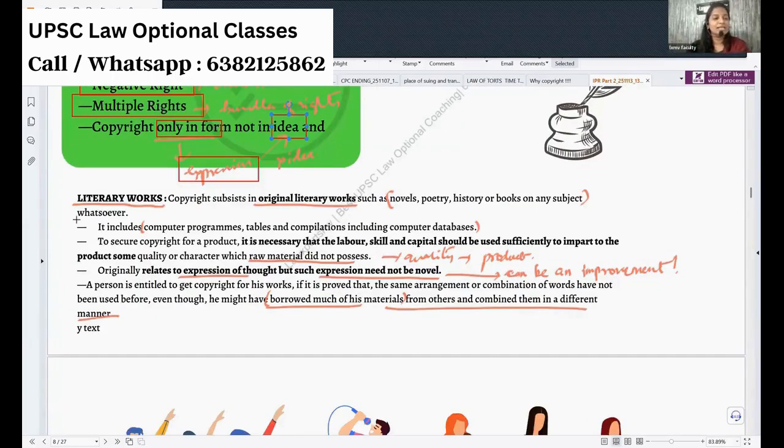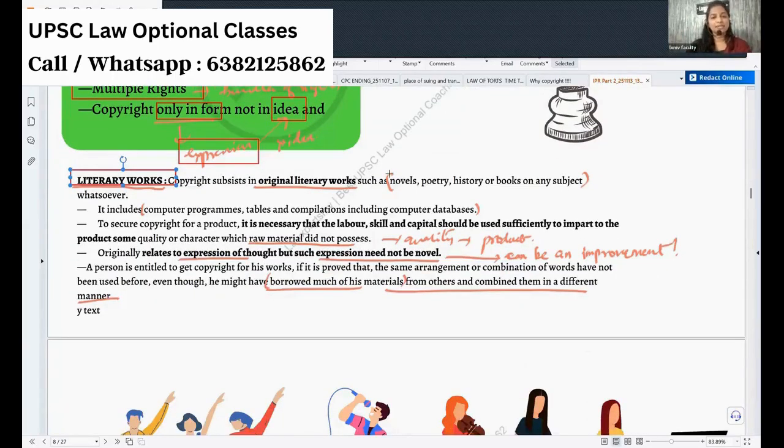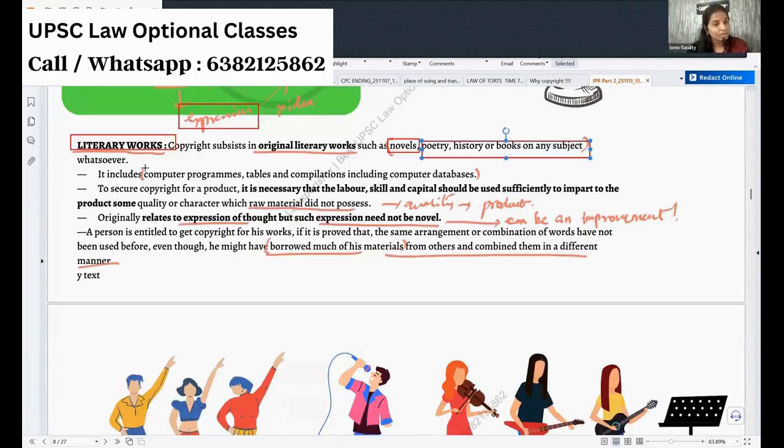Then, coming to the literary works. When we talk about literary works, it is something like original literary works. It is not the copied one. You cannot copy it from somewhere and ask for the copyright. So original literary works such as novels, poetries, history books, or books of any subject matter. It also includes computer programs, tables, compilations, and all those things.